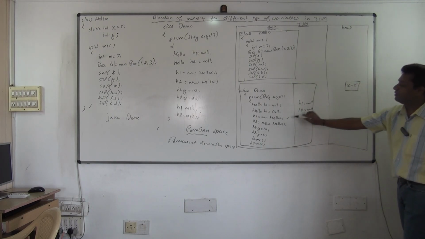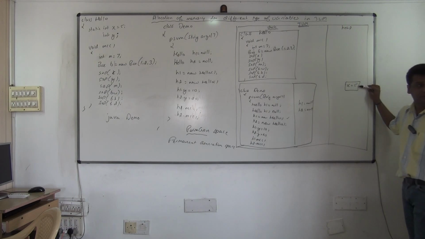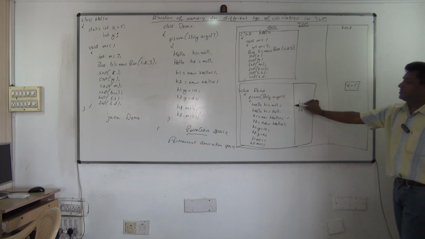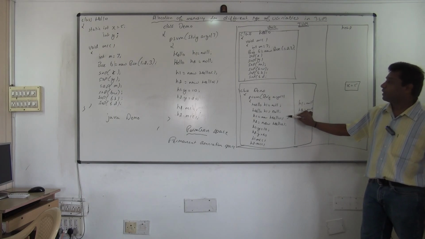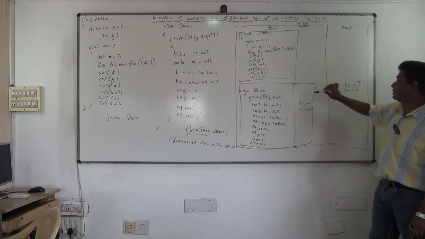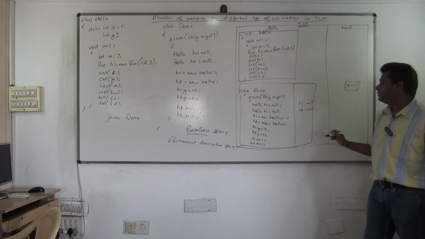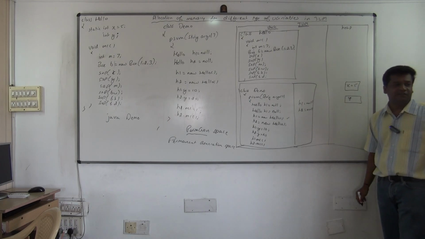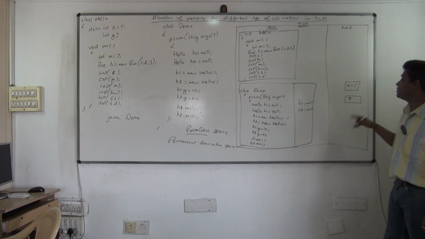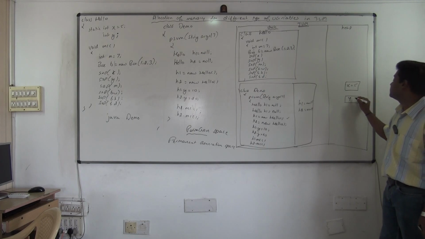After they have been initialized to null, then h1 is equal to new Hello. First these variables will come into existence: h1 is null, h2 is null. Then after that, h1 is equal to new Hello. Class got loaded, x has come into existence. Then memory will be allocated for what? y. y is an instance variable. So now memory is allocated for the instance variable. Where is it allocated?